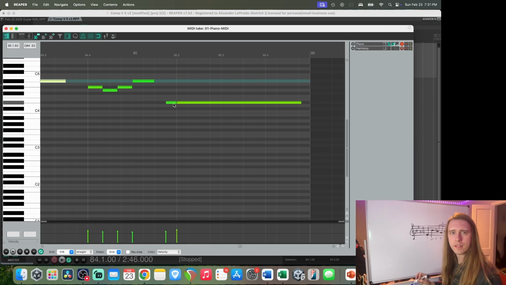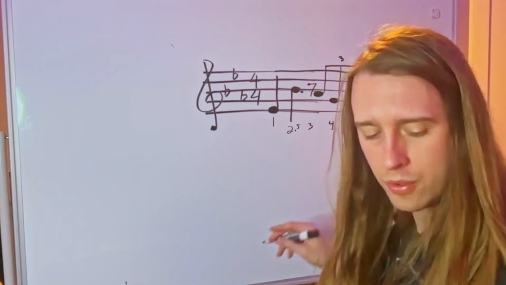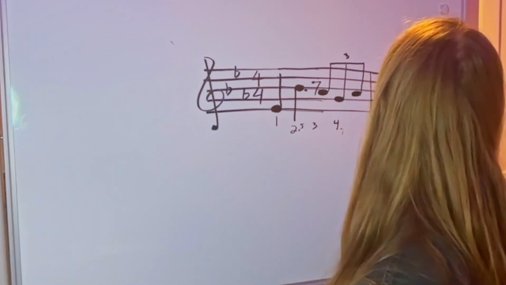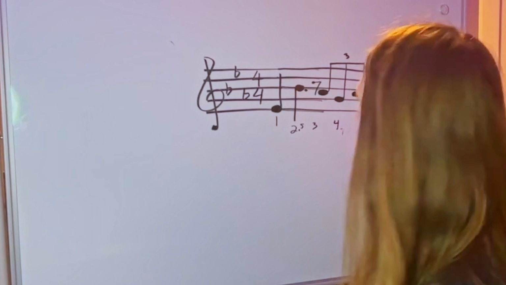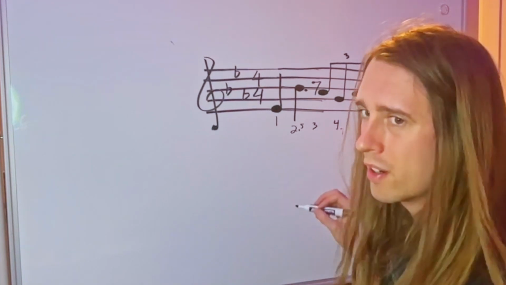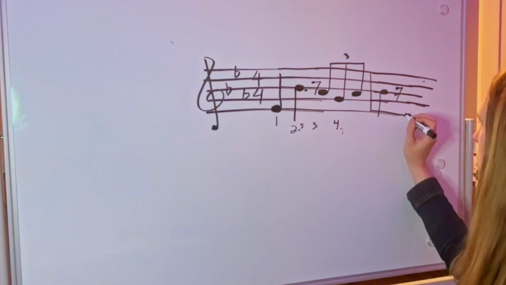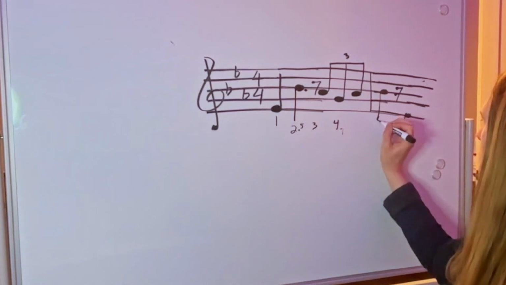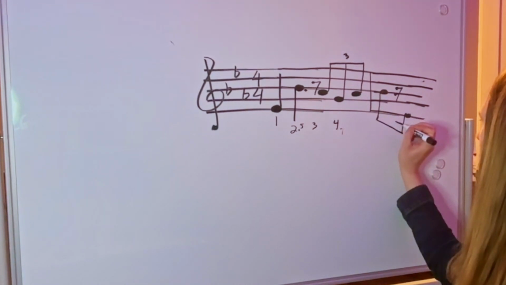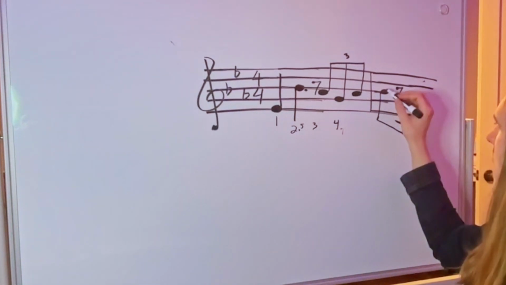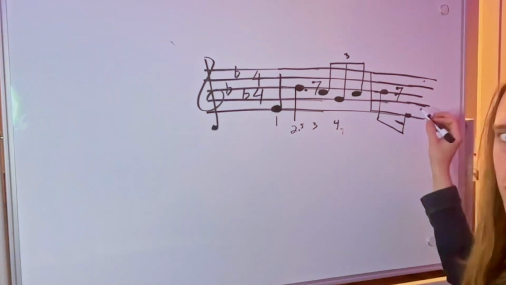I have a 16th note that's E flat. Now to make this easier to read, check this out. This is just little music handwriting. You don't really need to know this, but if you ever hand this to a composer or a conductor, it will be easier. I can bar these together and do half a flag here before that 16th note. So it's just an 8th note, 16th rest, and then a 16th note.